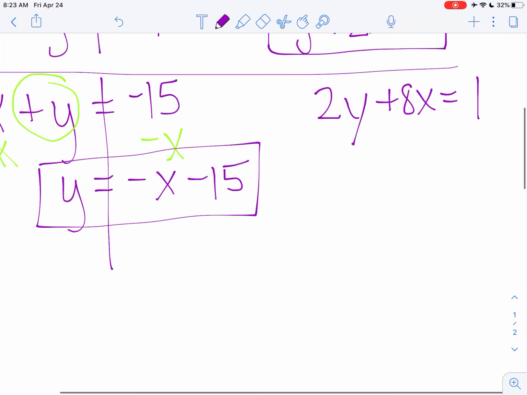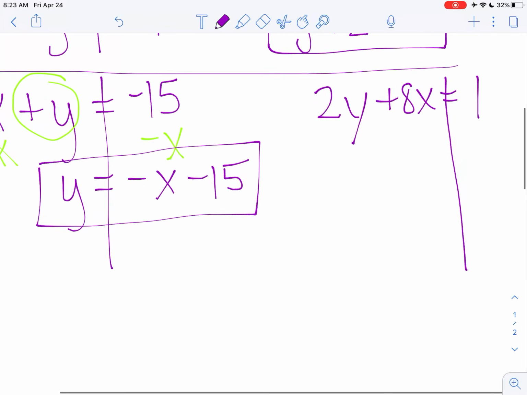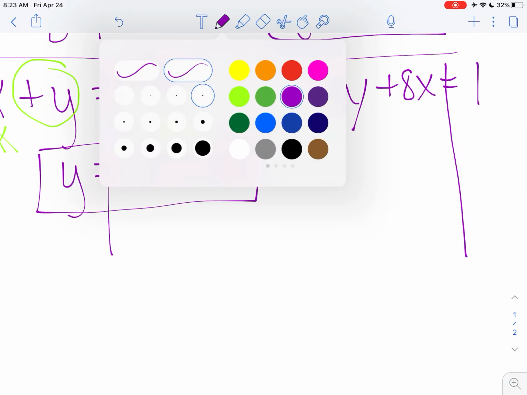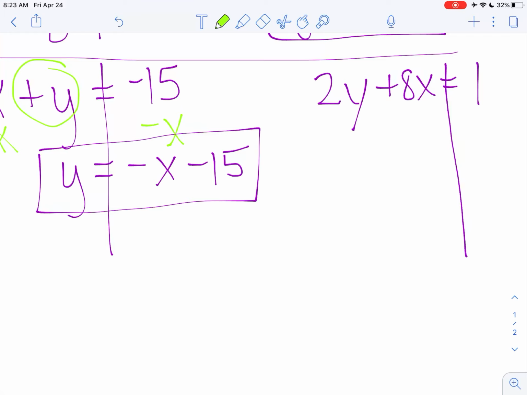It doesn't matter, we're still going to solve it in the same manner. So we have 2y plus 8x is equal to 1. Remember that I need to isolate the y and get it by itself. That means that I need to subtract 8x from both sides.